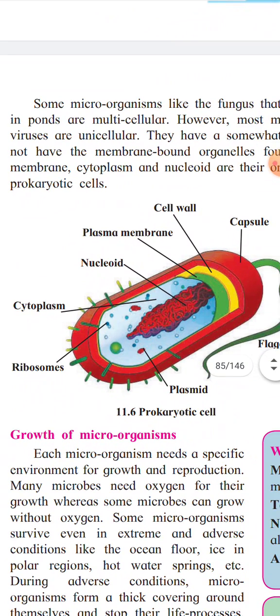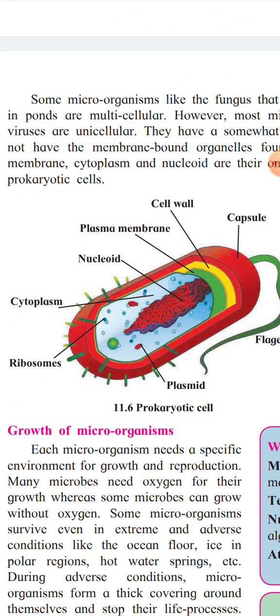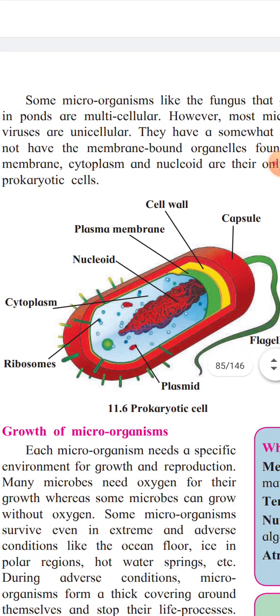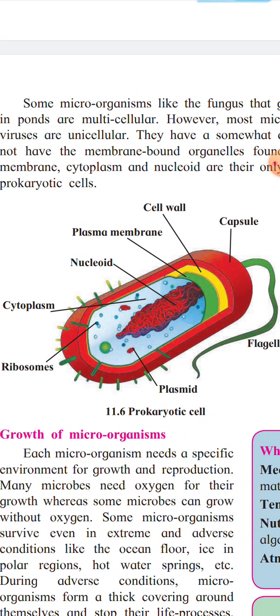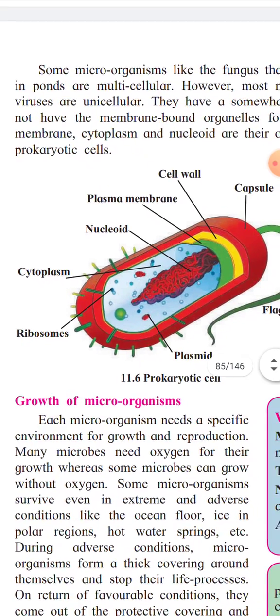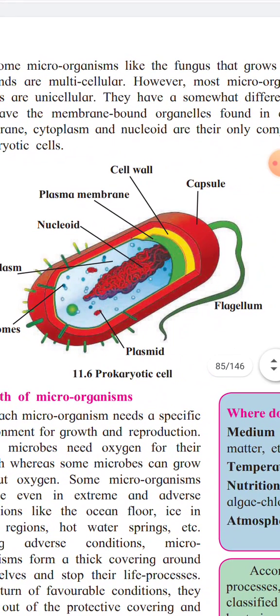Have you seen the diagram? See, look at this, 11.6, prokaryotic cell diagram. Now, what do you get to see here? The prokaryotic cell looks like a capsule. You know your tablet capsule? Yes, like that. Now we are going to see the various names: cell wall, capsule, plasma membrane, nucleoid, cytoplasm, lysosomes, plasmids and flagellum.